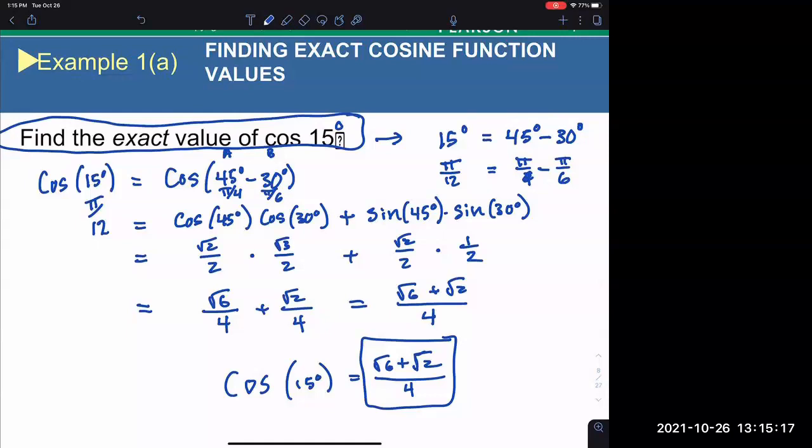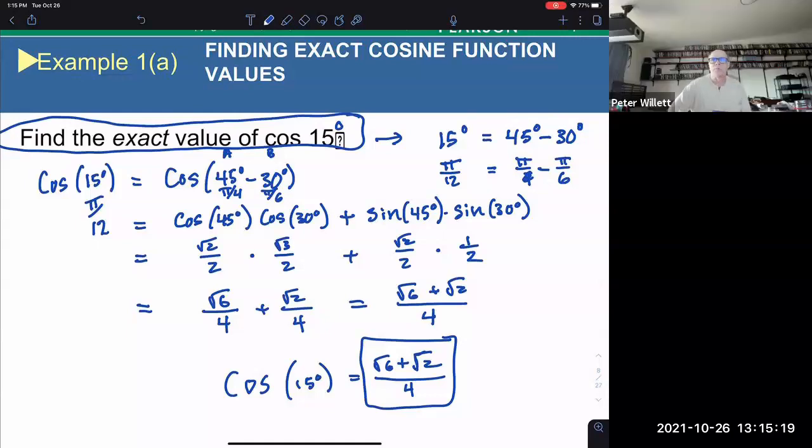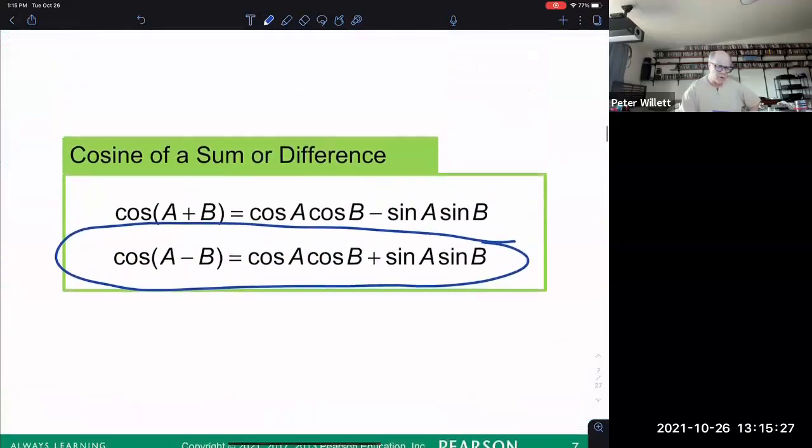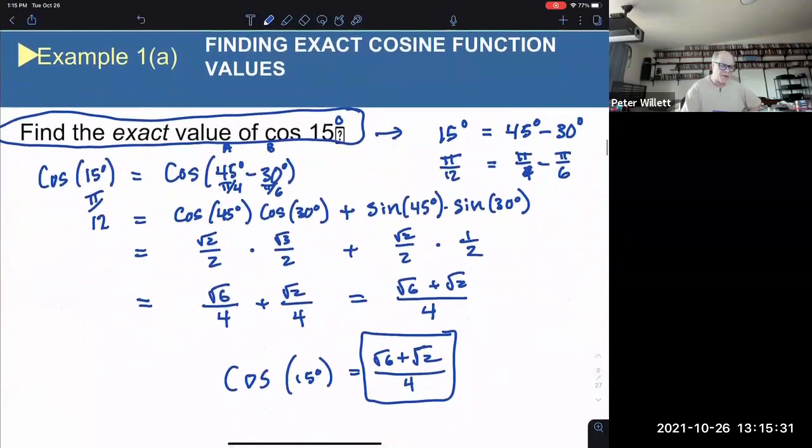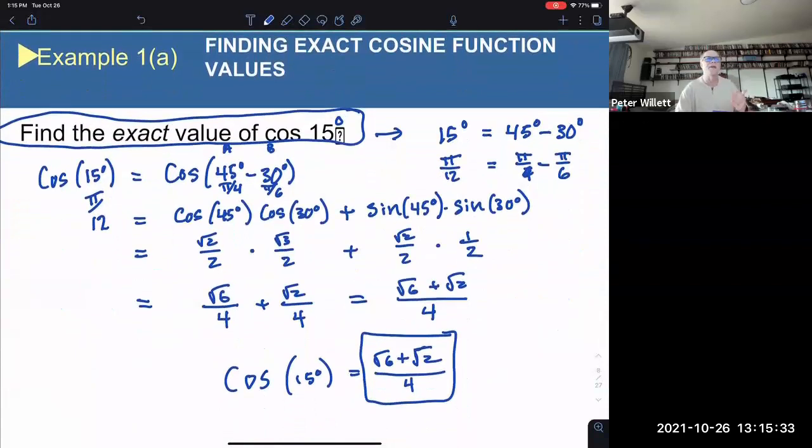So they're not going to tell you to use this identity to do this problem, because then they're telling you how to do the problem instead of just asking you to do it yourself. But when we learn about a tool, an identity, we practice using it on the problems that make sense for that kind of identity, so that we can see how it's used and how it helps us do problems.